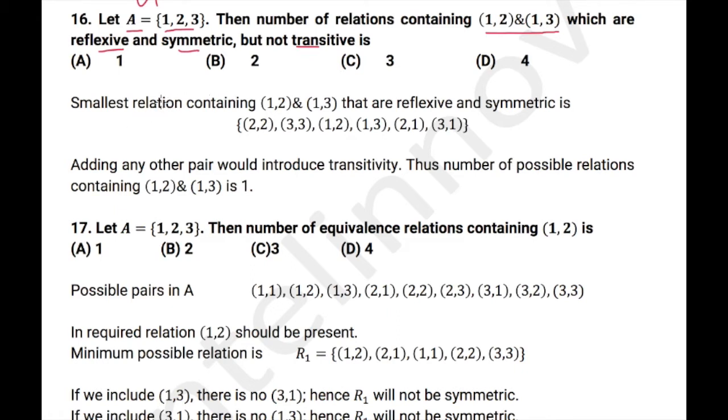So we need to form a relation wherein (1, 2) and (1, 3) should be there. So the minimum possible relation with (1, 2) and (1, 3) is, of course, we can start like this. However, it should be reflexive and symmetric as well. So we have to write (2, 2), (3, 3).